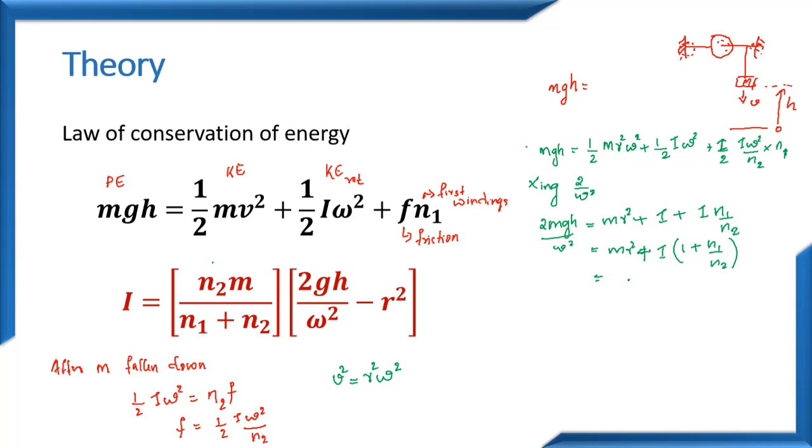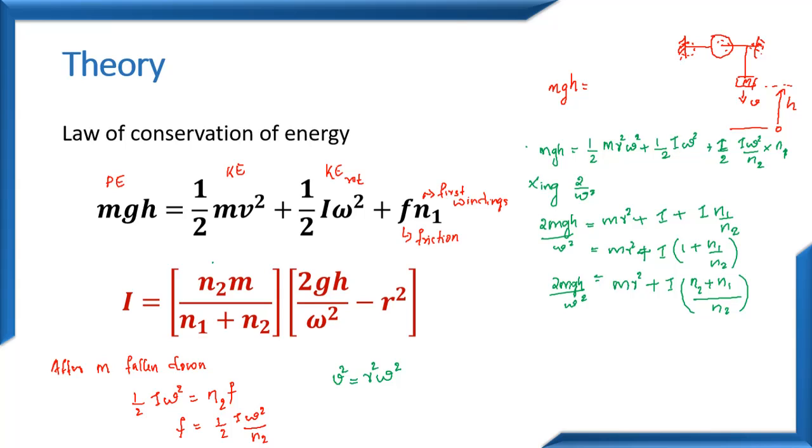Again, I can write this as m r square plus I into, on taking the LCM, N2 plus N1 divided by N2. And this is equal to 2mgh by omega squared.